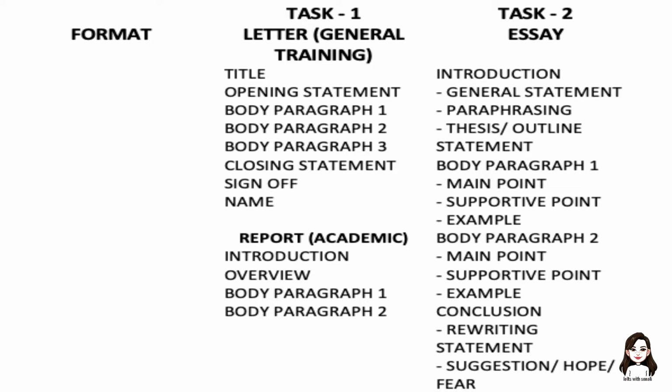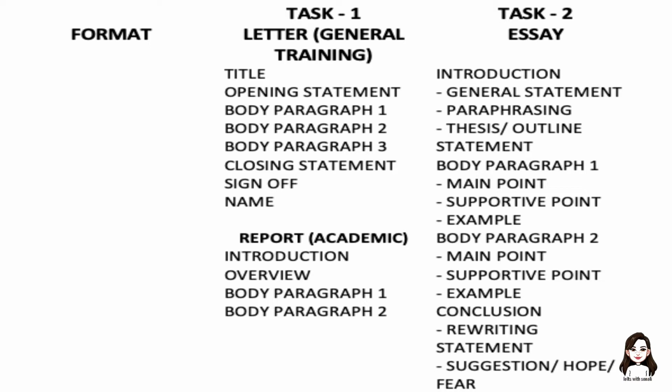Beginning with report writing for academic students, first of all you need to mention the introduction. The task is generally in some pie chart form or line graphs, they can be dual maps. So in that way you need to write the introduction according to your task that has been shown to you, and then you need to mention the overview of the task.